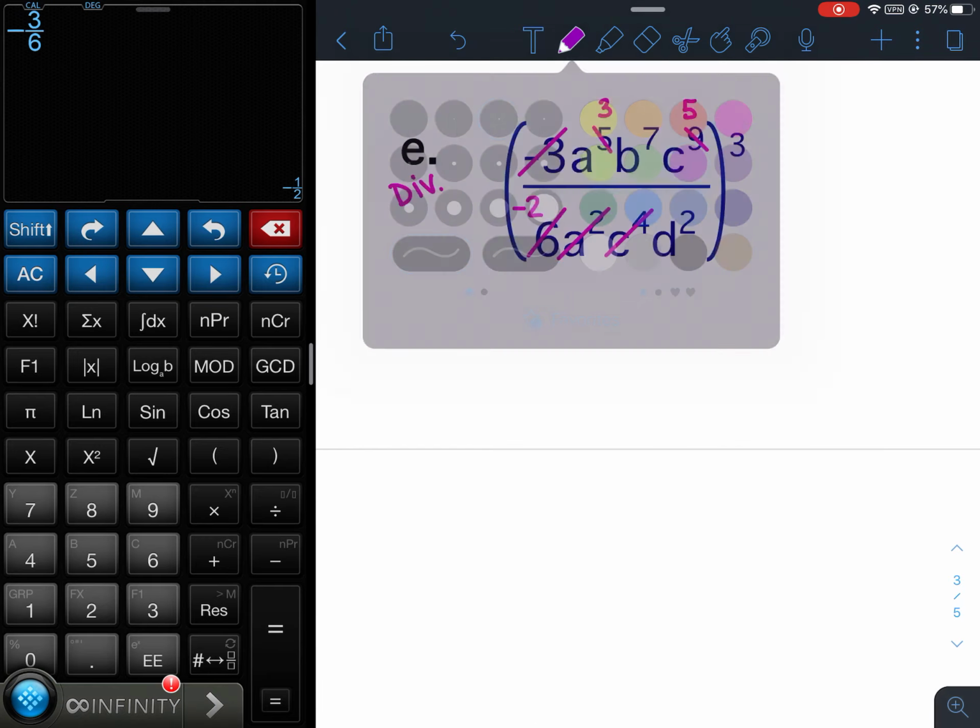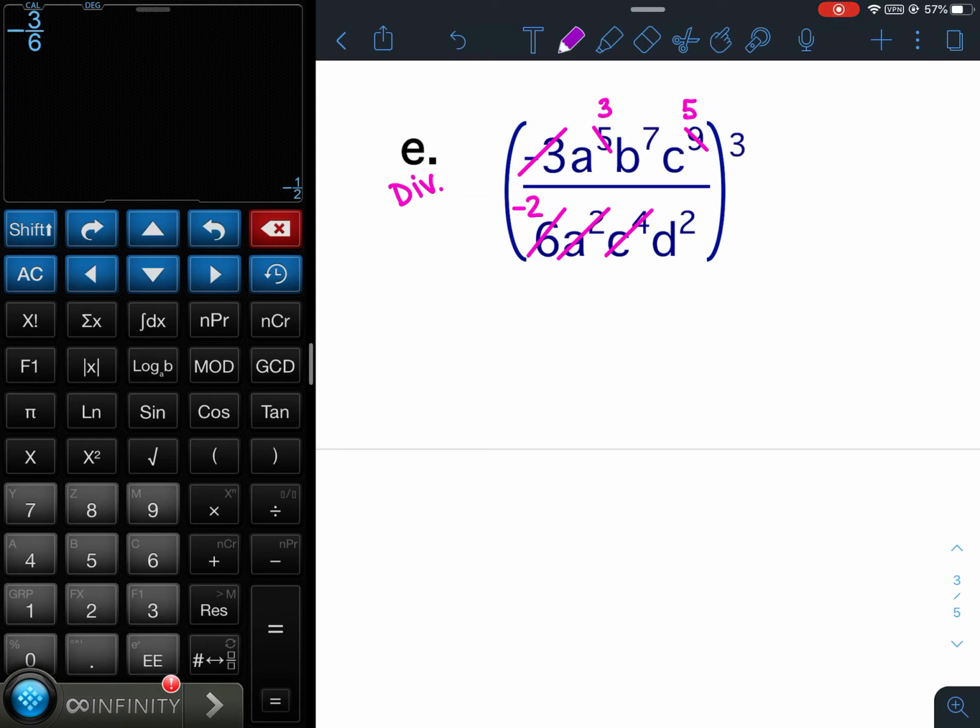So I have in the numerator a to the 3rd, b to the 7th, and c to the 5th. A to the 3rd, b to the 7th, c to the 5th.